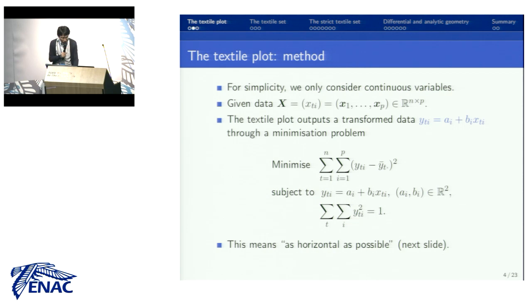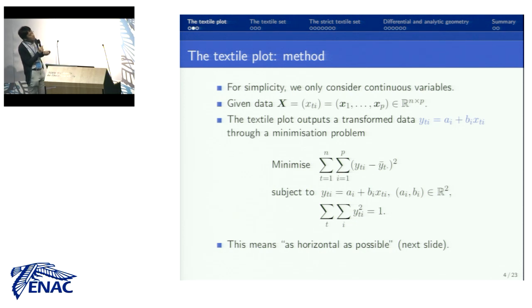And this is a detail of the textile plot. Today, for simplicity, we only consider continuous variables, so the data are real valued variables. So let me assume a data matrix X of size n times p is given.